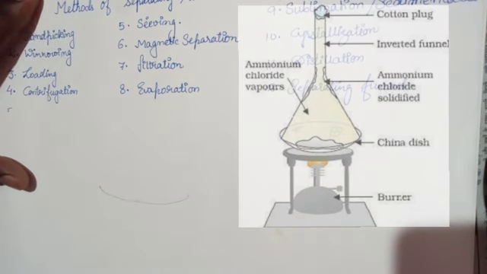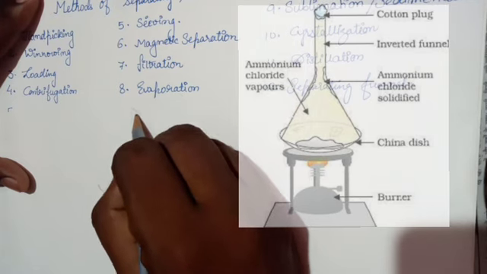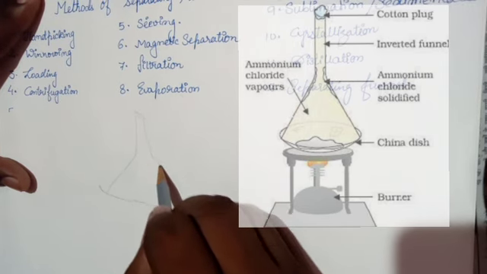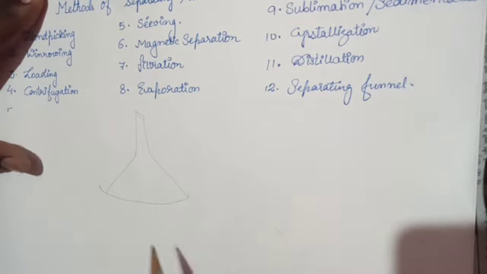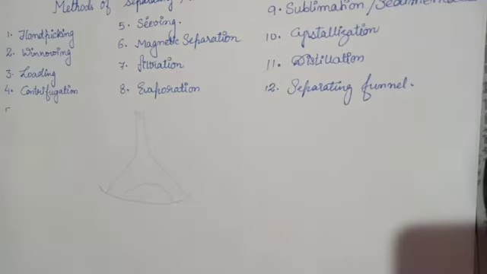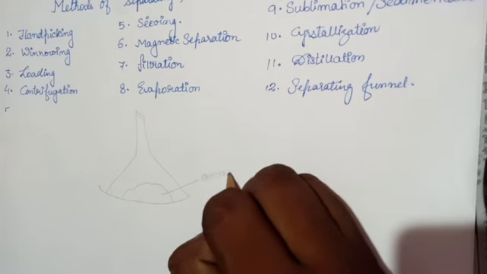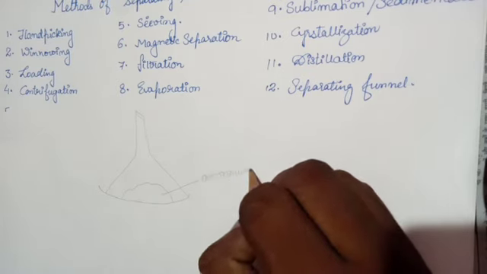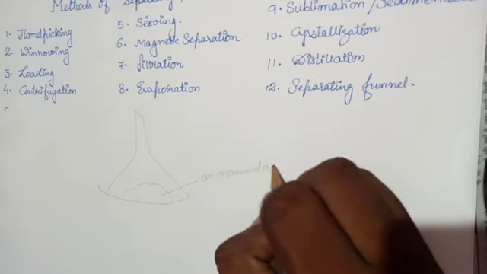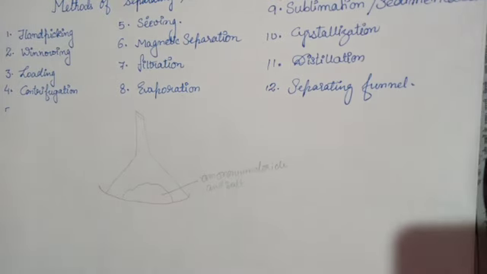We take a dish and we place an inverted funnel onto the dish, and inside this dish we put a mixture of ammonium chloride and salt. Okay, ammonium chloride and salt.